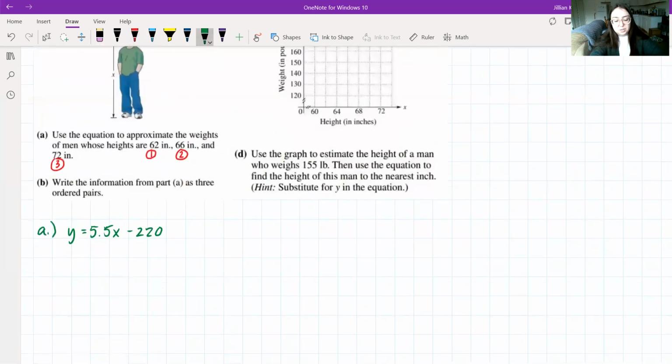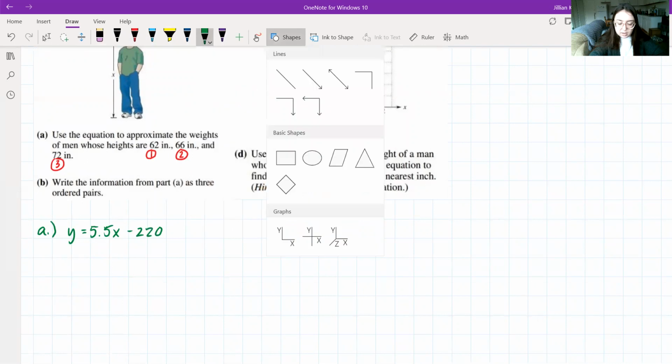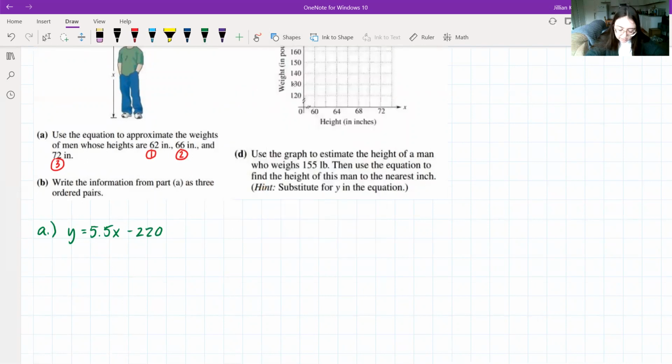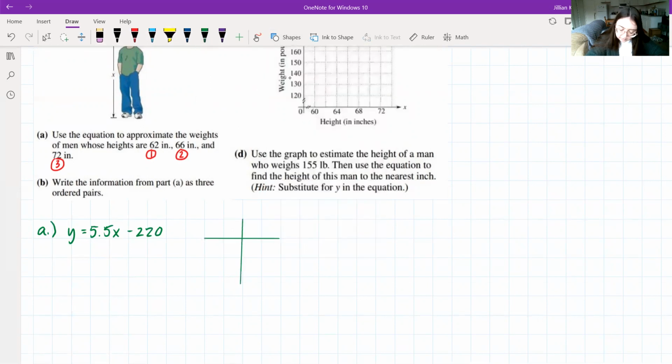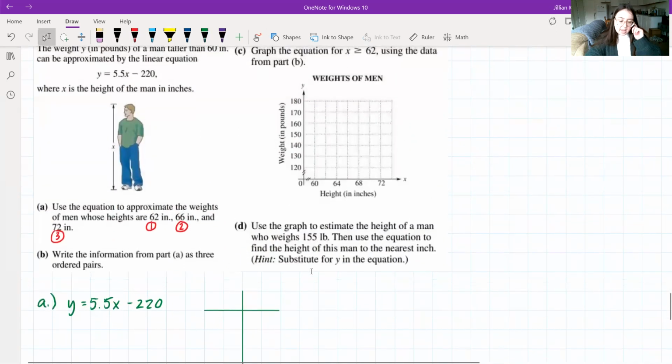And what we can also do is create a table. We have 3 values here, so you can plug in these 3 values. And we're going to say that x is our inches, or height.